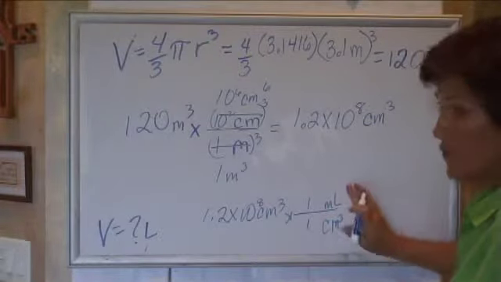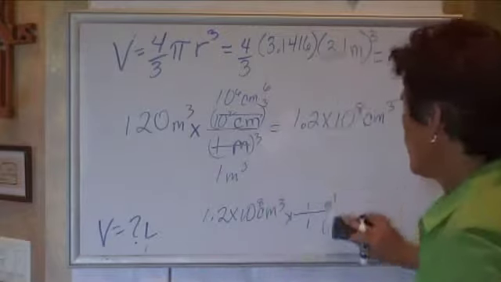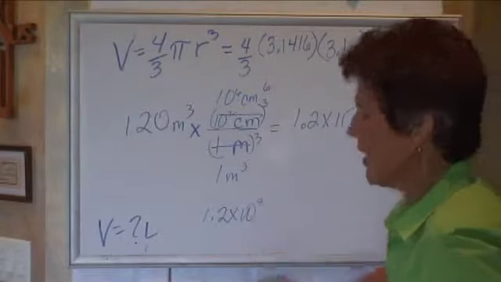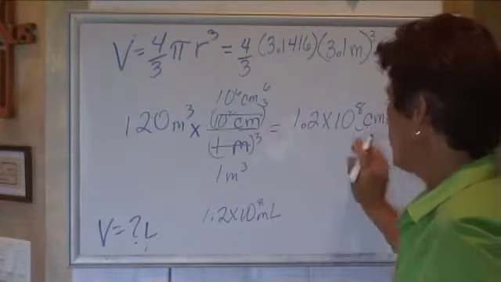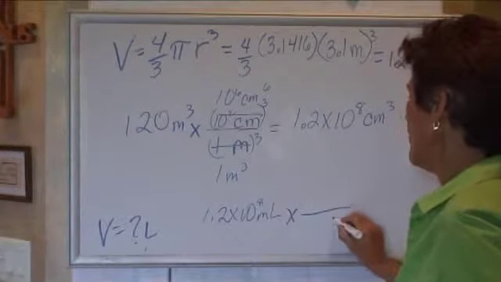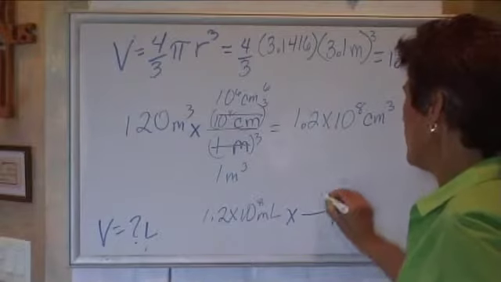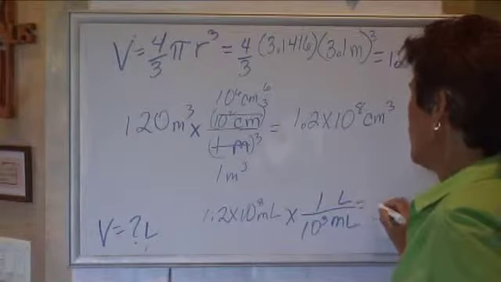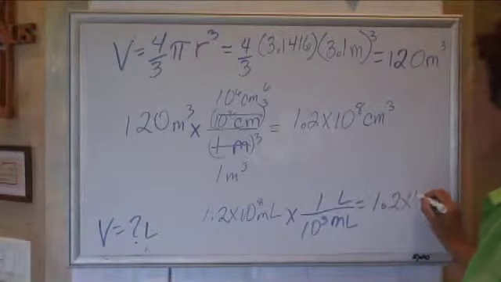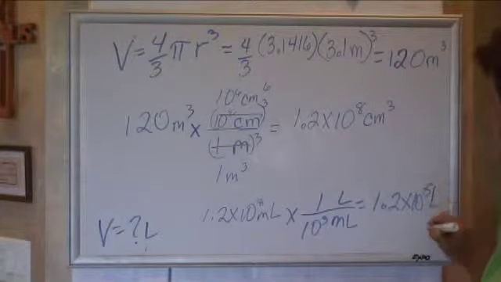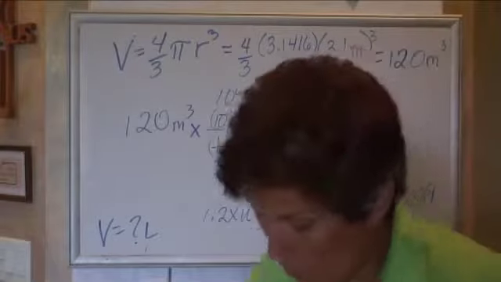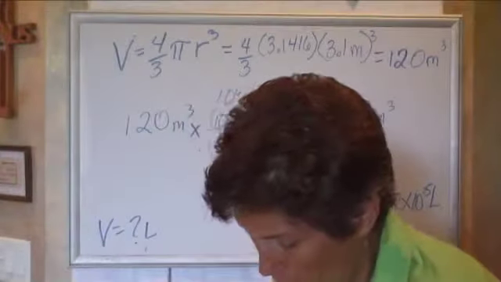So in other words, for space purposes, because I have a little board, I'm going to go ahead and just write this now as milliliters. And you could have done that too, because you know that. Then you just take this and go from milliliters to liters, 1 to 10 to the 3rd, so it's going to be 10 to the 5th, that's a 5, liters. And that is going to be the volume in liters.